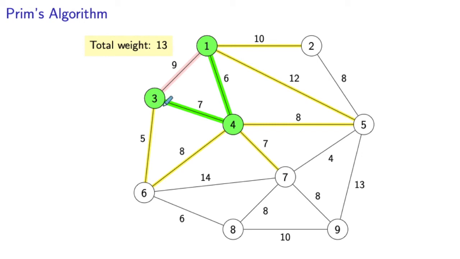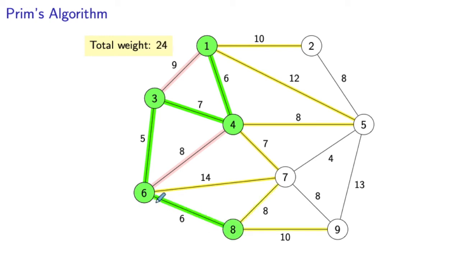So after we added this edge of cost 7, we see that 3, 6 is the next edge we are adding because it is the cheapest yellow edge. So we are adding this edge. This is going to eliminate now the edge 4, 6 and adds 2 more yellow edges, one of which happens to be the smallest cost edge among all the yellow edges at the moment, and this is the edge we are going to include next into our tree.